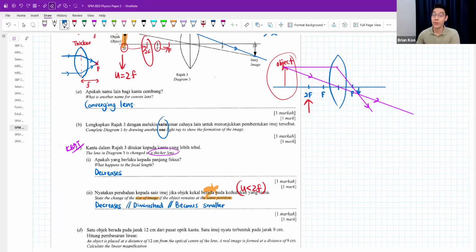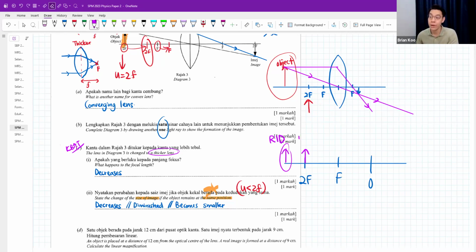Okay, and those of you who are very pro at your image characteristics, you know that if this is your lens, let's say this is f, this is 2f. If your object is right here, further than 2f, you're always going to get a real, inverted, diminished image.